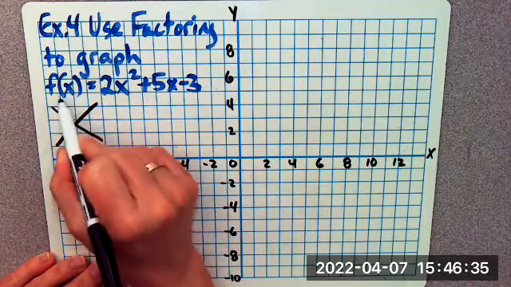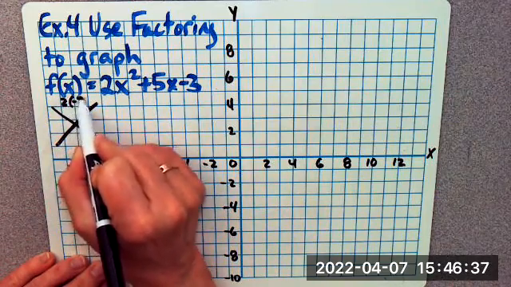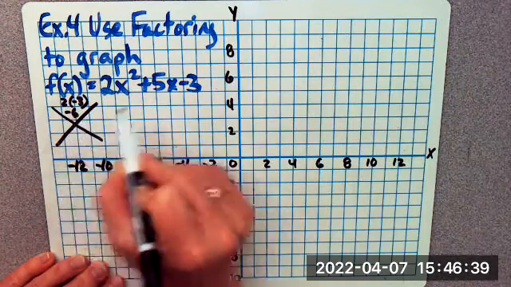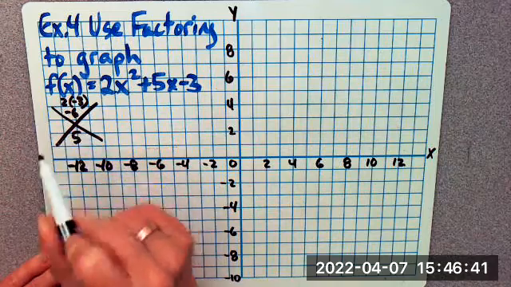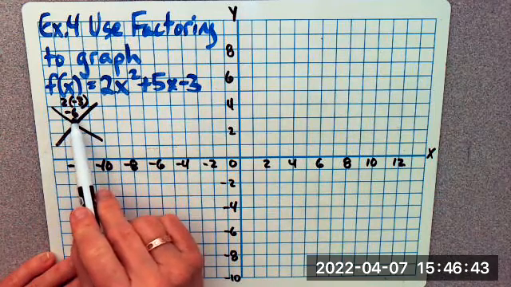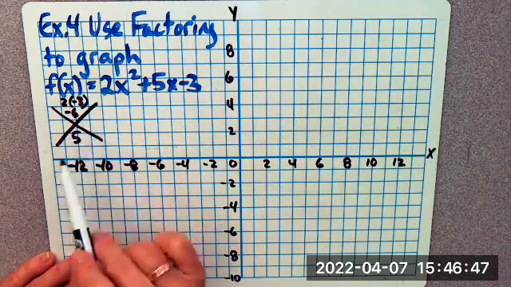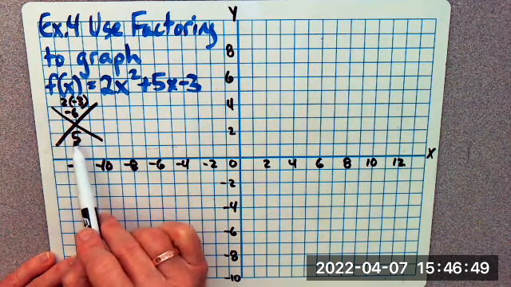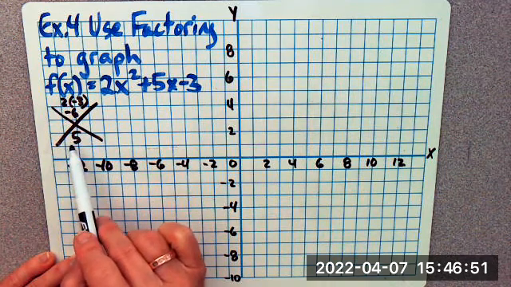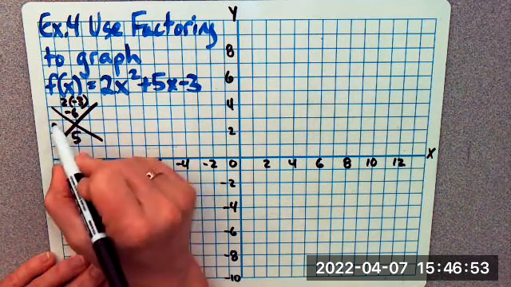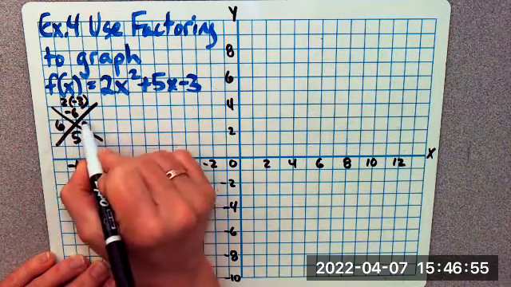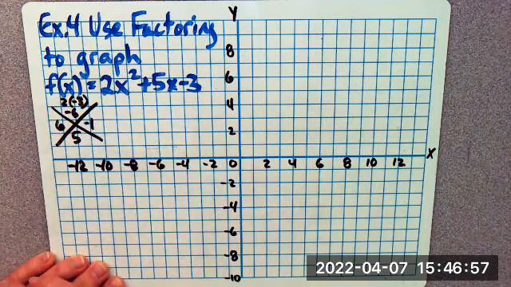We have 2 times negative 3, which is negative 6, and then we have 5. So we know that only one of the numbers is negative to make a negative 6. But the sum is positive, so the bigger number is the positive number. So that's 6 and negative 1.